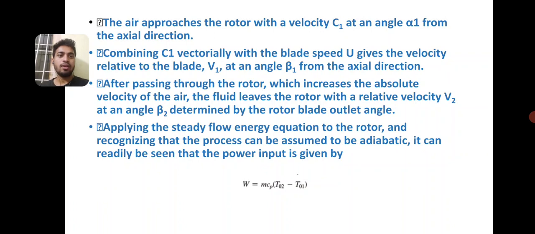Combining C1 vectorially with the blade speed U gives the velocity relative to the blade, V1, at an angle beta 1 from the axial direction. After passing through the rotor, which increases the absolute velocity of the air, the fluid leaves the rotor with a relative velocity V2 at an angle beta 2 to determine the rotor blade outlet angle.